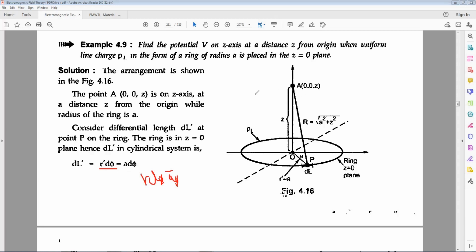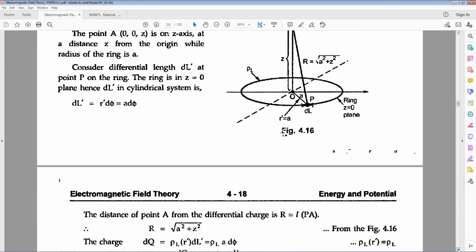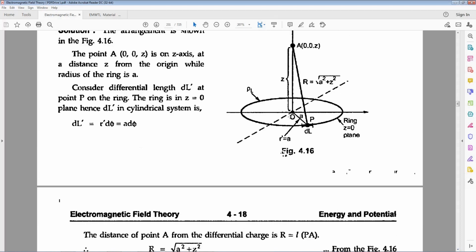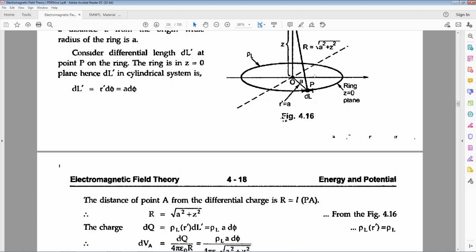Okay, a point on the z-axis means 0, 0, z, and a uniform charge is distributed on this, which means the a r component is eliminated, my students, in the circular ring. So see, the square root of a square plus z square only we got, because the point 0, a, 0 and 0, 0, z.